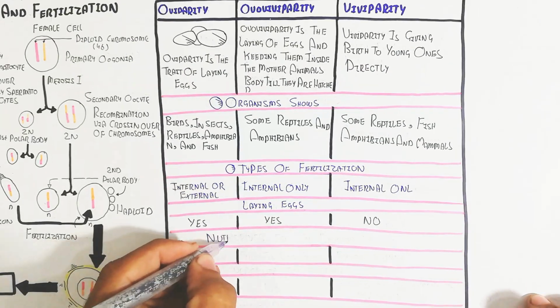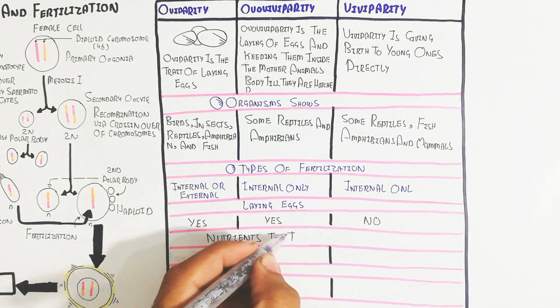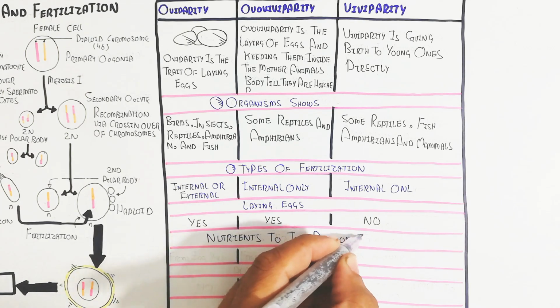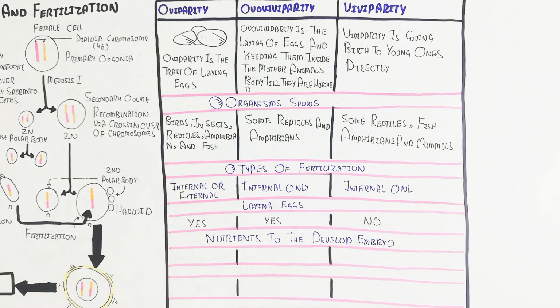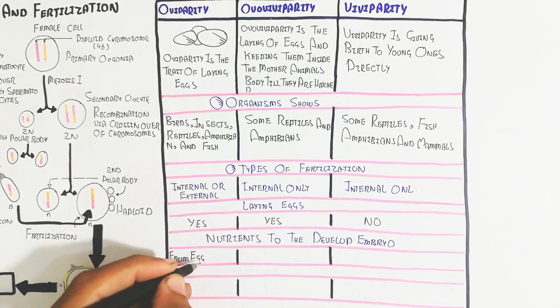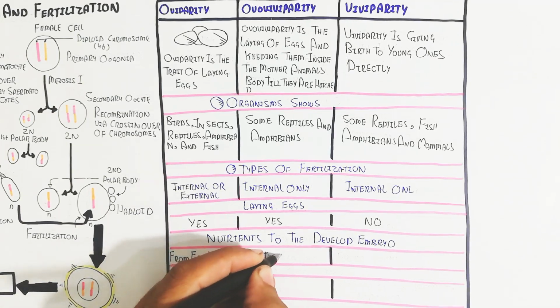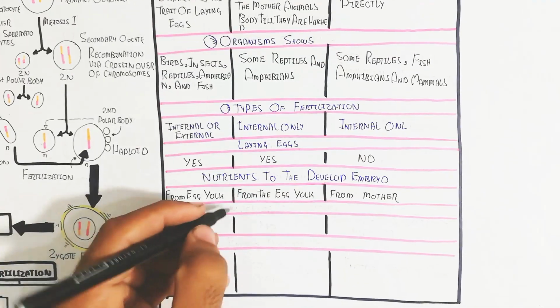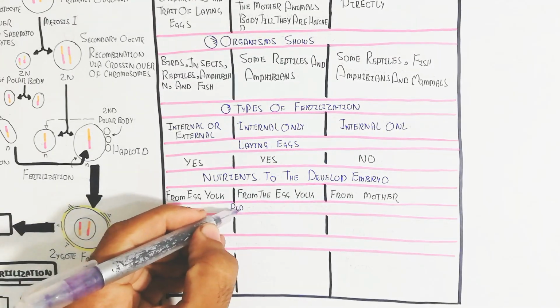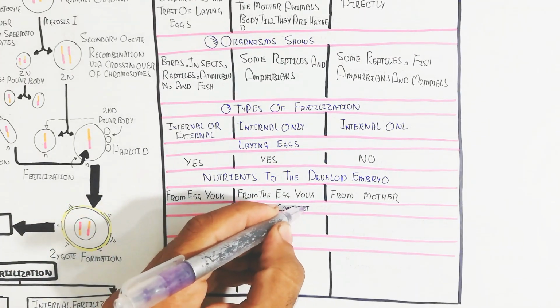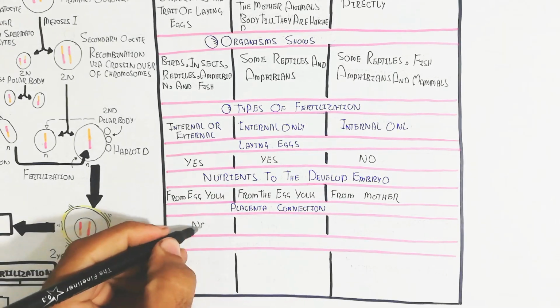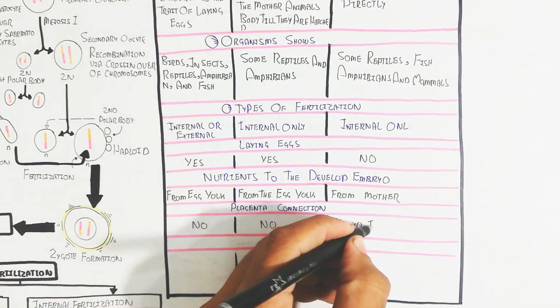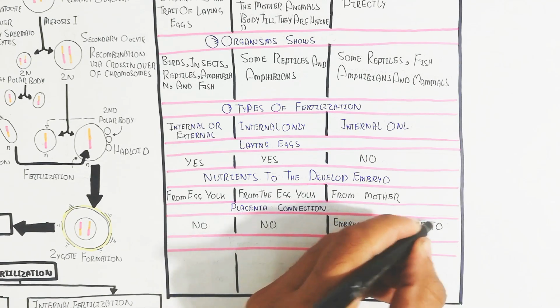Remember, when the egg is laid and hatches at the time of laying, it is known as ovoviviparity, while oviparity requires incubation. Nutrient to the developing embryo comes from the egg yolk in both oviparity and ovoviviparity, while in viviparity it comes from the mother.